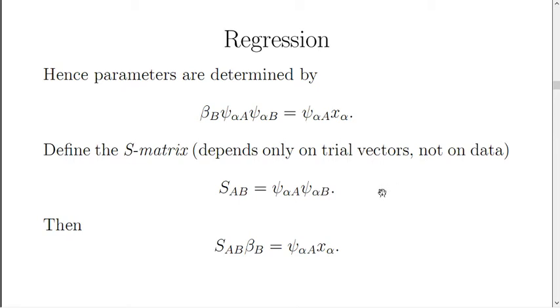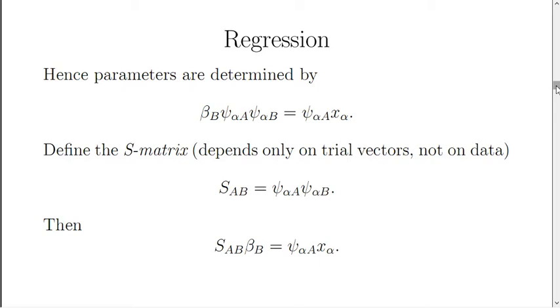I'll also point out that the S matrix is determined by the trial vectors, which are determined by the trial functions and the times of observation. But it does not depend on the data values. There's no X anywhere in this equation that defines what the S matrix is.